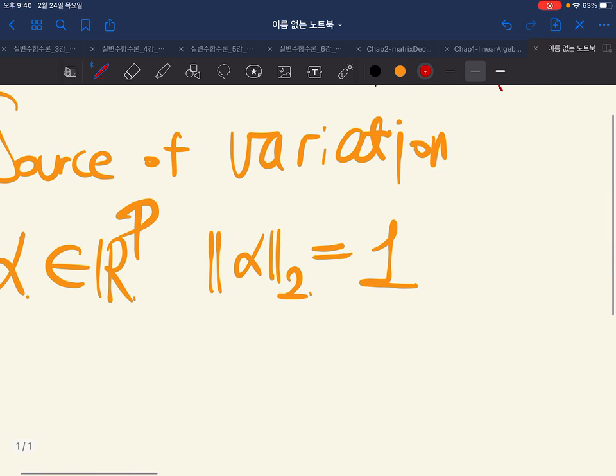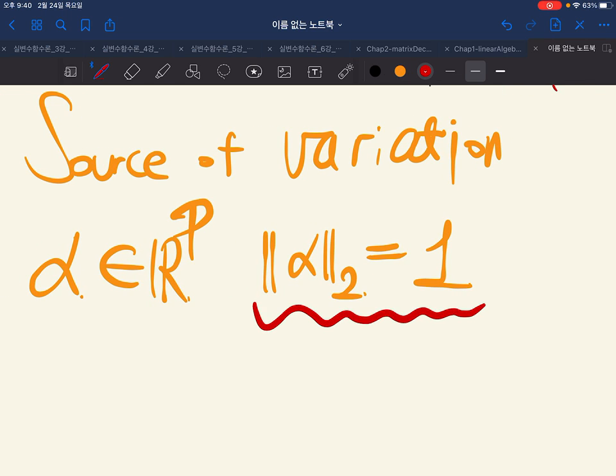In fact, since we're talking about the direction, the direction vector alpha need not have a norm of size 1.